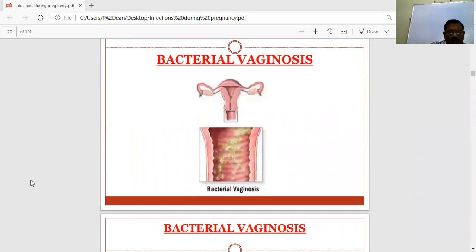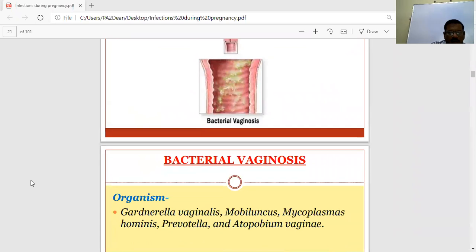Then coming to bacterial vaginosis. The organisms are Gardnerella vaginalis, Mobiluncus, Mycoplasma hominis, Prevotella and Atopobium vaginae. These are the various organisms which will cause bacterial vaginosis.